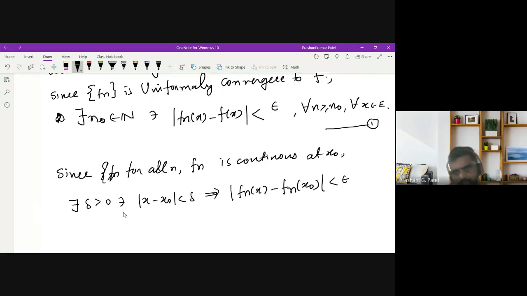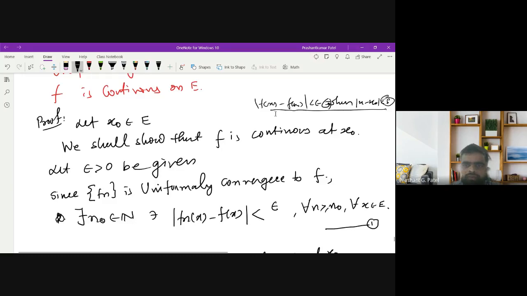This epsilon also I will adjust later on. We call this statement number 2. Ultimately, I have to show that for some delta, this has to hold. So I need to find out what f of x minus f of x0 is.